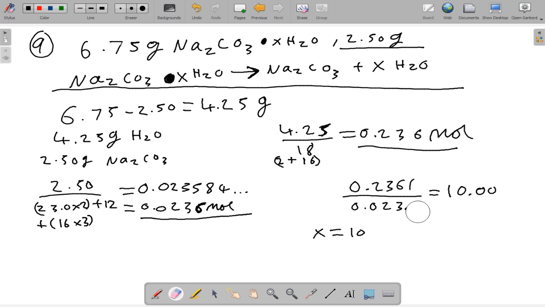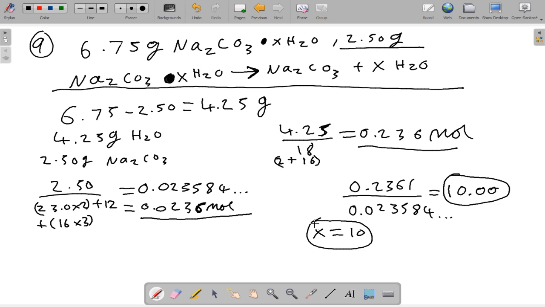Really I should use this one, 0.023584, but it doesn't really change the values much. So we do that, and we get 10.01, but you need a whole number, so this is where you just round it off to 10. So X is 10.